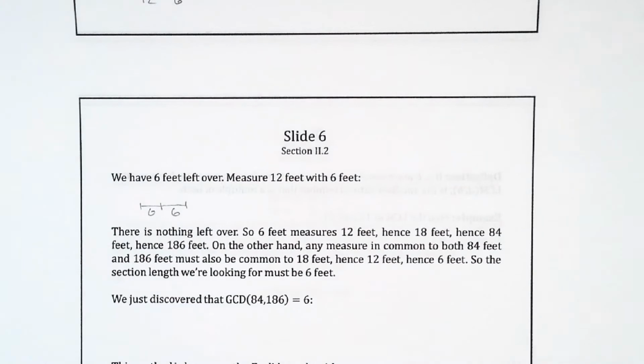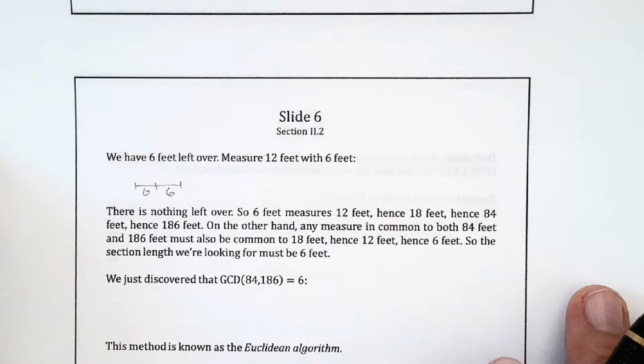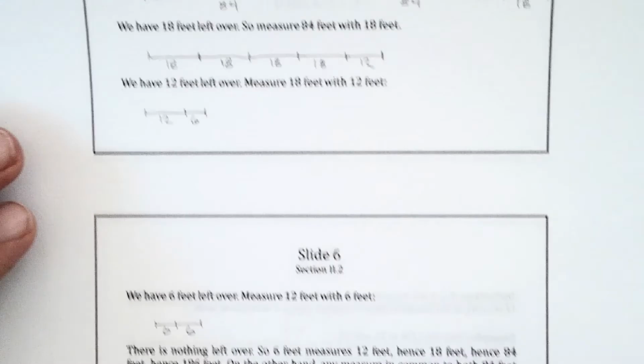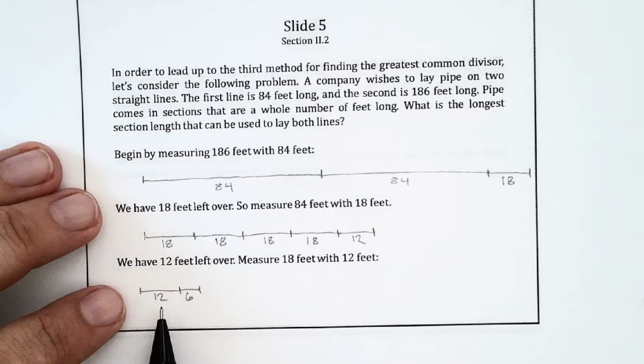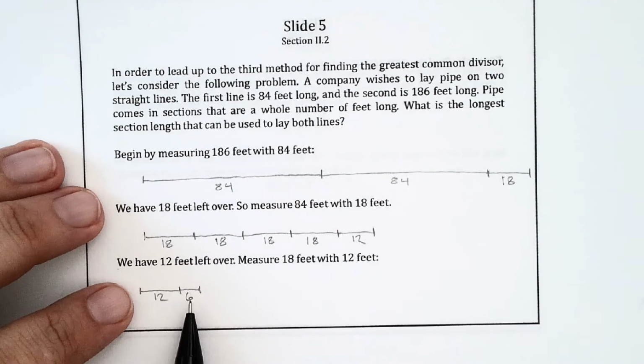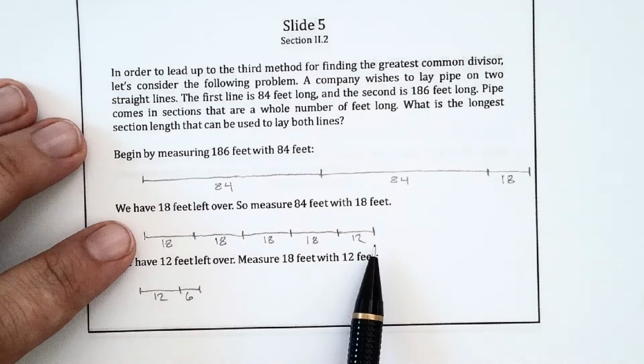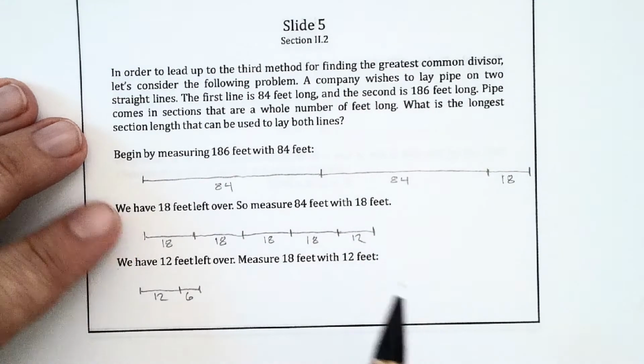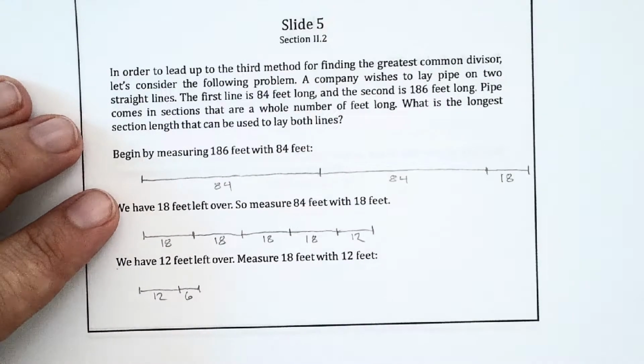So let's think about what we've done here. 6 measures itself, of course, and it measures 12. Therefore, it must measure 18, since it measures both 12 and 6. Therefore, it must measure 84, since it measures both 12 and 18. Therefore, it has to measure 186, since it measures both 18 and 84.